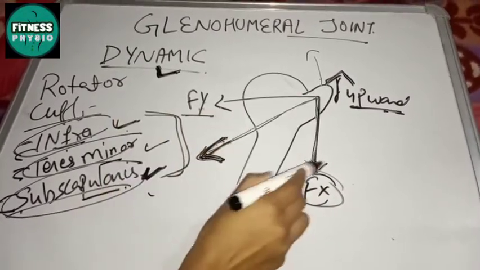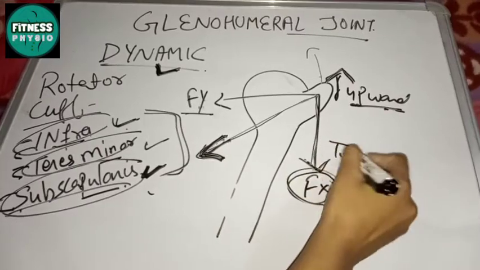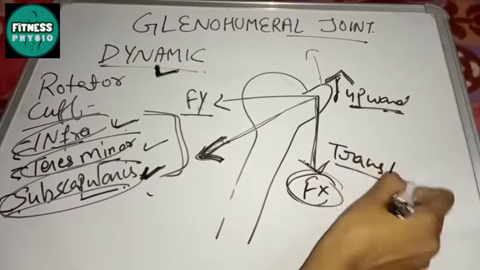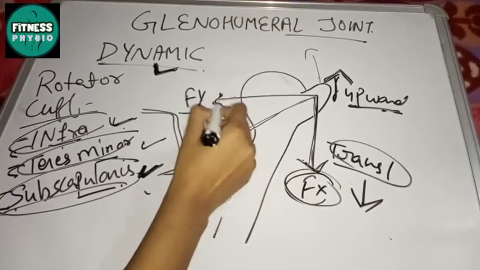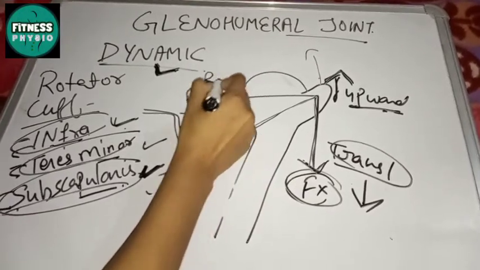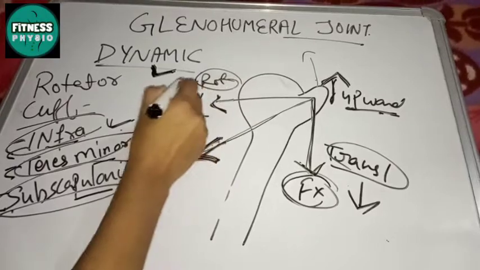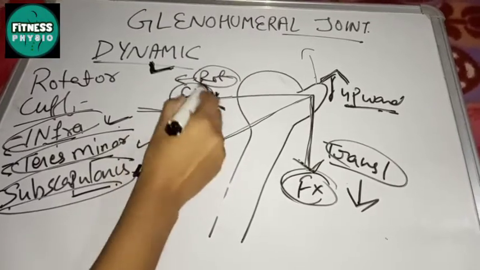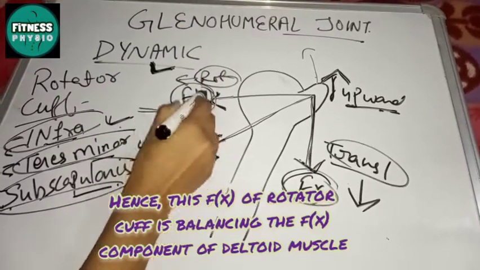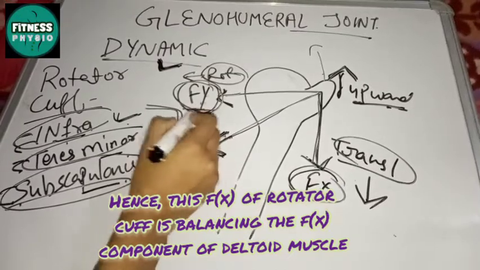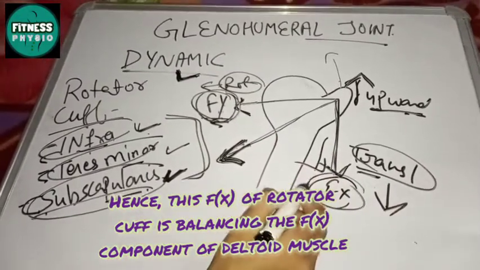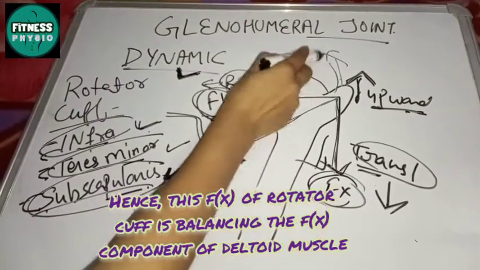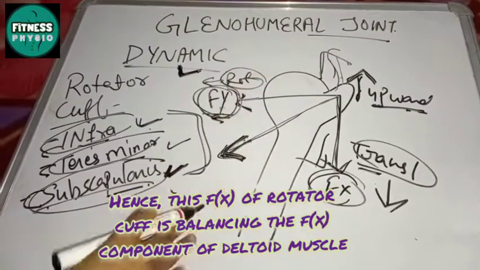This fx component is the translatory component in downward direction, and this fy component is the rotatory component acting in medial direction, which maintains your head in medial direction. The fx downward counters the superior pull of the deltoid muscle.